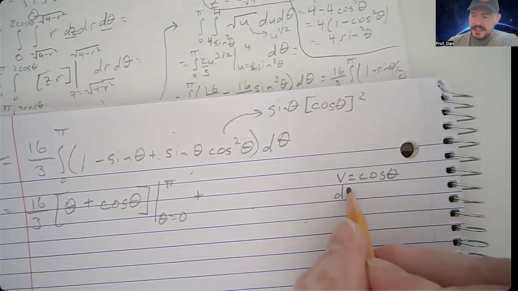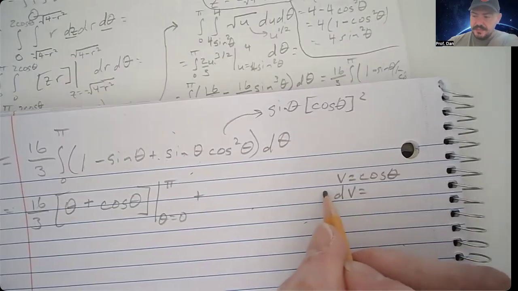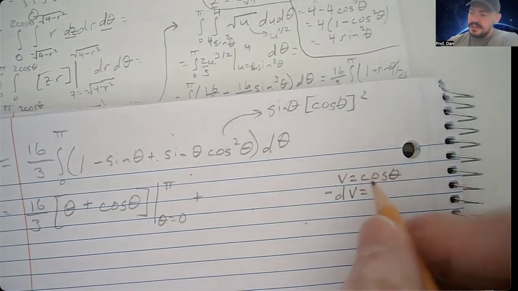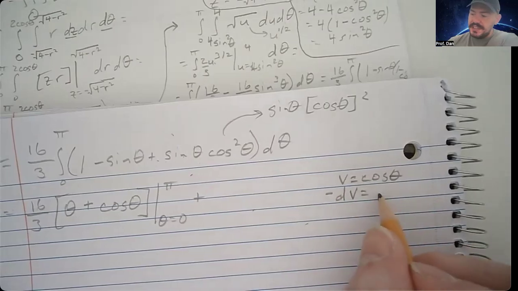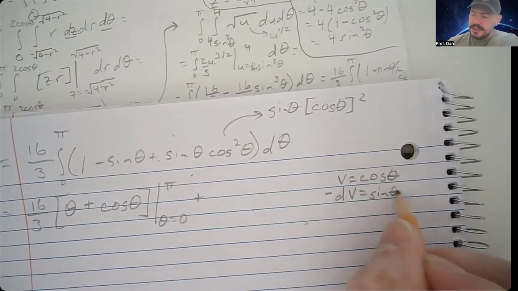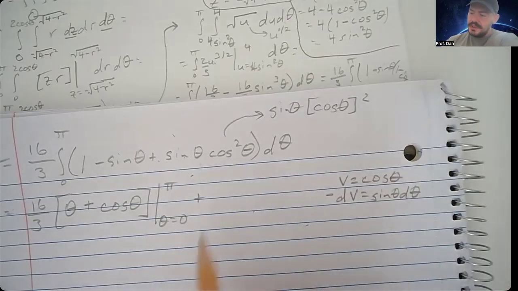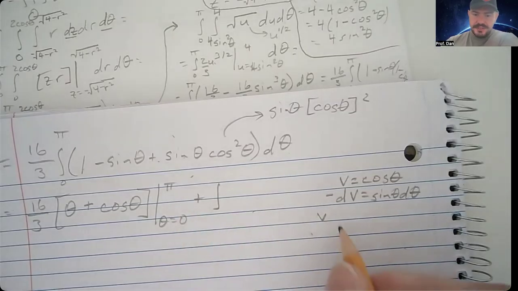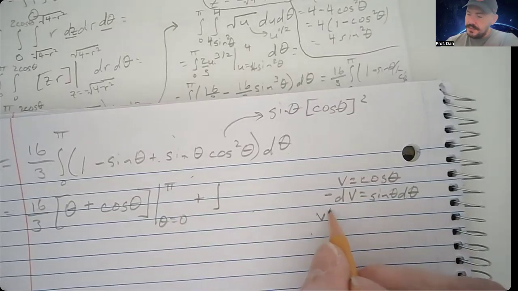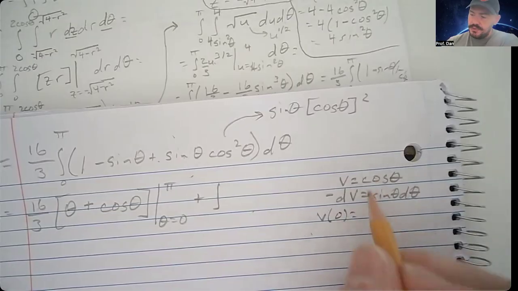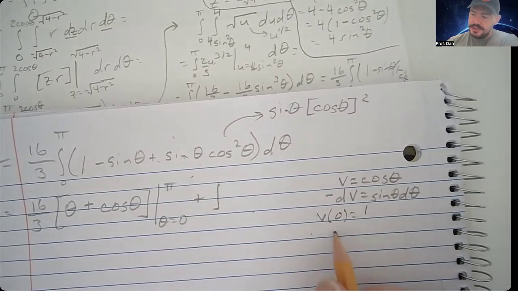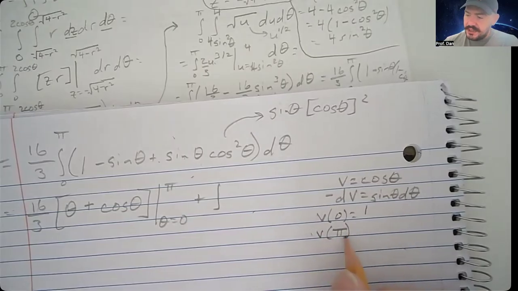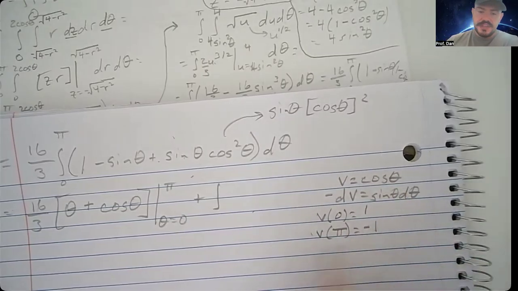That means that dv is negative sine theta, but I don't have the negative in my integrand. So I'll move it over. So we get negative dv is equal to sine theta d theta. Then, of course, we have to transform our bounds. So v evaluated at 0 will be cosine of 0, also known as 1. And v evaluated at pi is going to be cosine of pi, also known as -1.